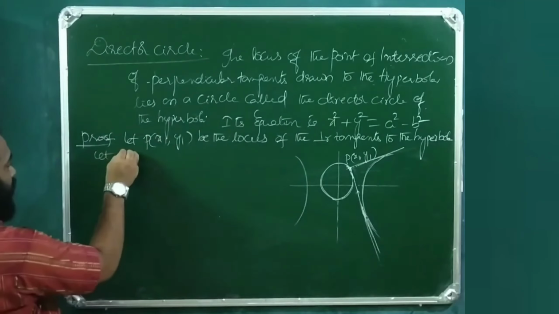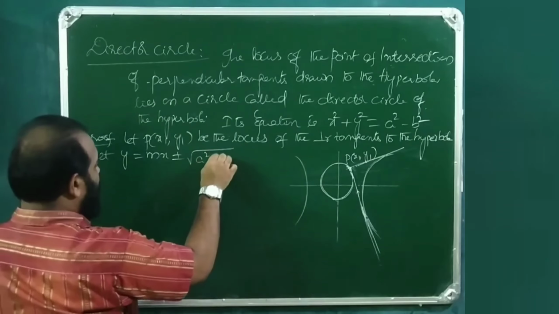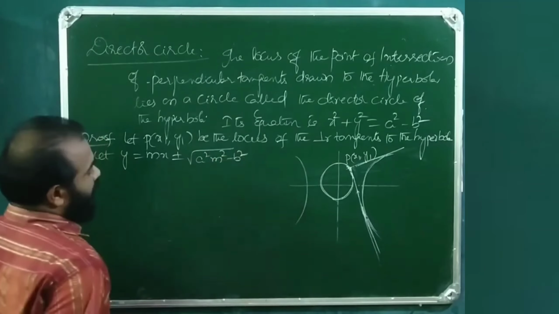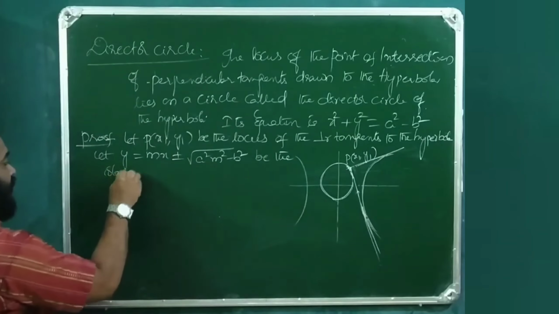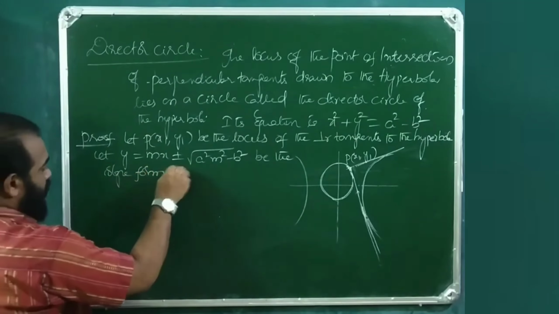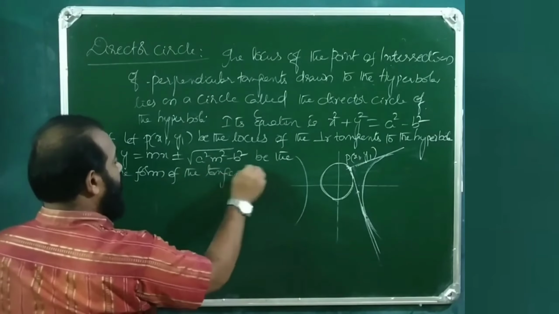Let y is equals to mx plus or minus square root of a square m square minus b square be the slope form of the tangent to the hyperbola. This is equation 1.